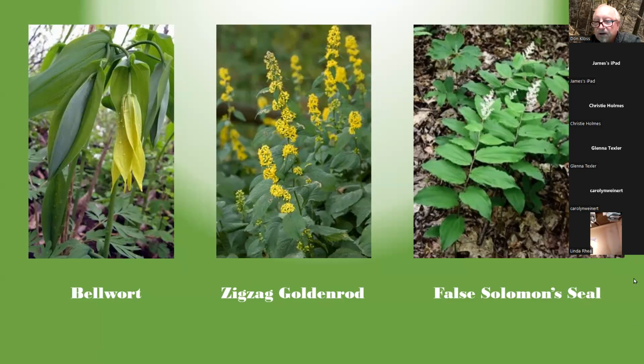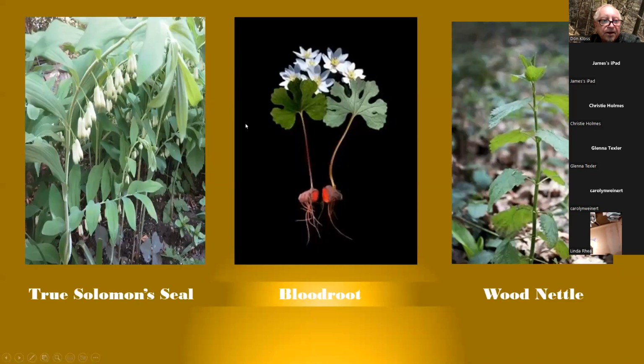They love both the false Solomon's seal, which has those dainty little white flowers at the top of the stems, and the true Solomon's seal, which look very different. They have the droopy pod-shaped flowers, not at the ends of the stems, but towards the ends of the stems.